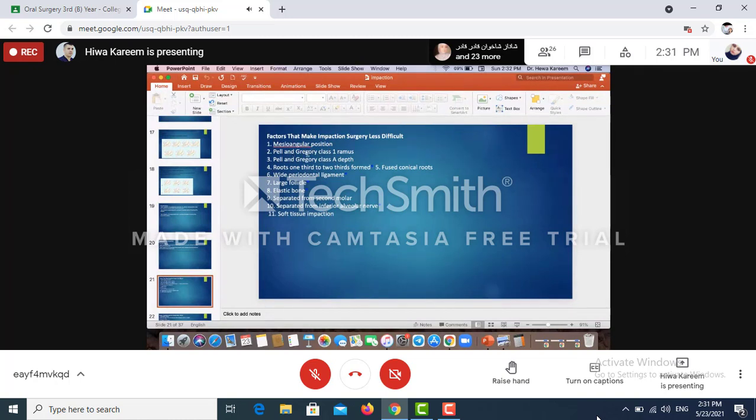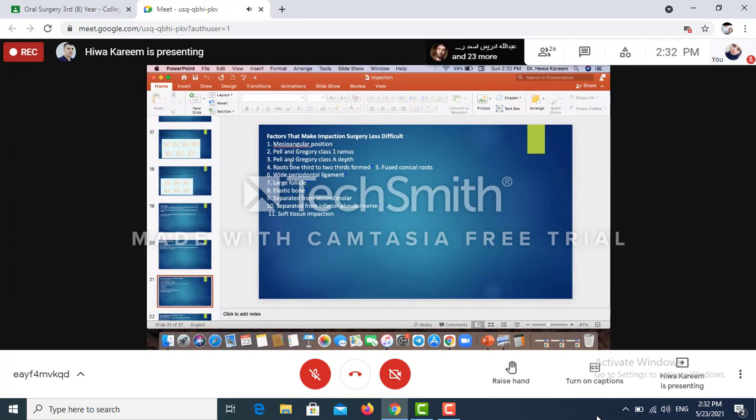Type of the classification, class 1 or A. What is class 1? Class 1 means that the space between the anterior border of the ramus and distal to the 7 is enough for the crown of the third molar.